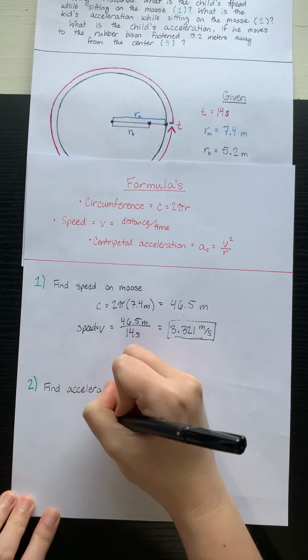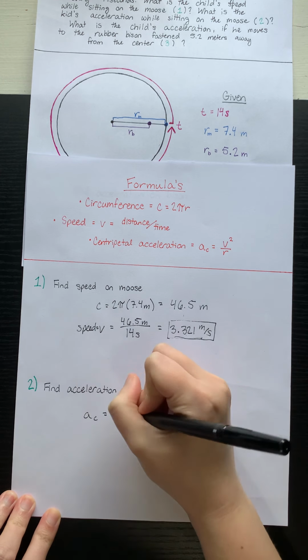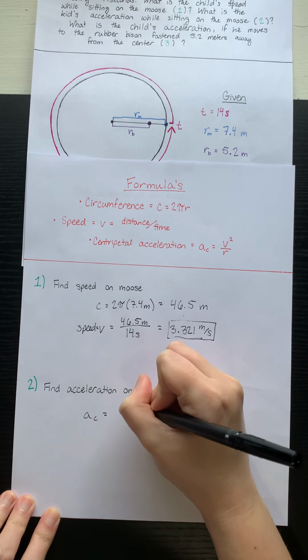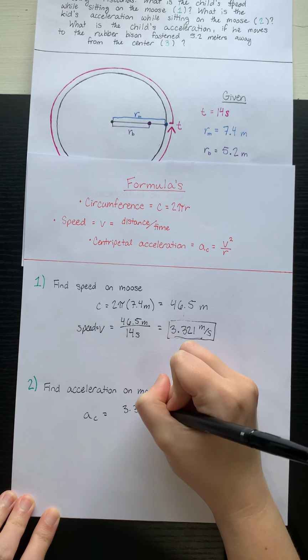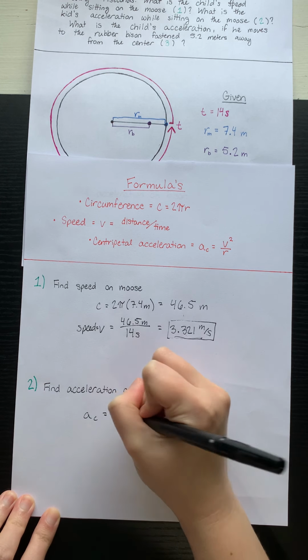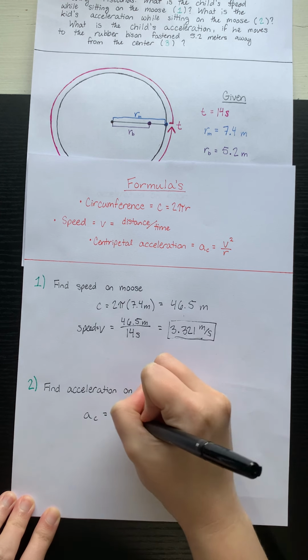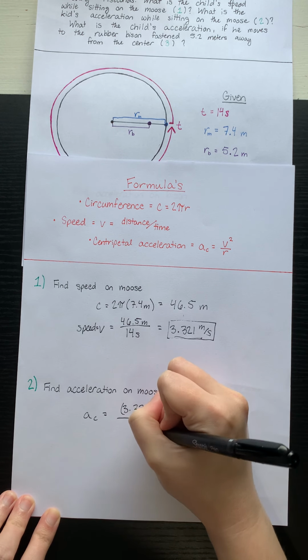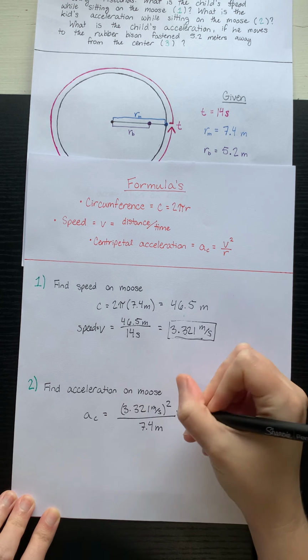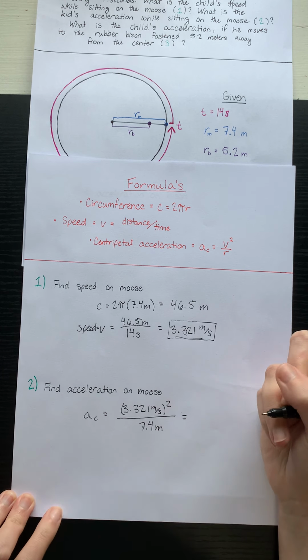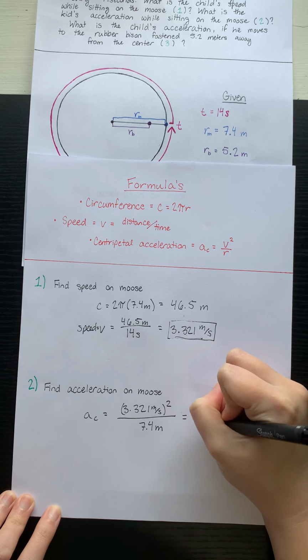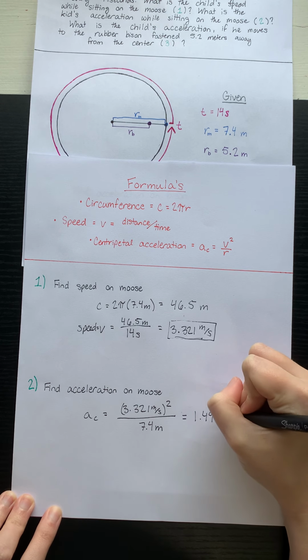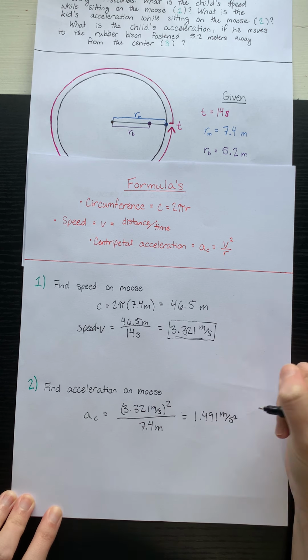So acceleration equals 3.321 meters per second squared over our radius, which is 7.4 meters, equals 1.491 meters per second squared.